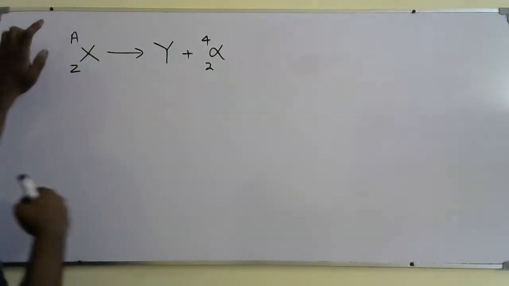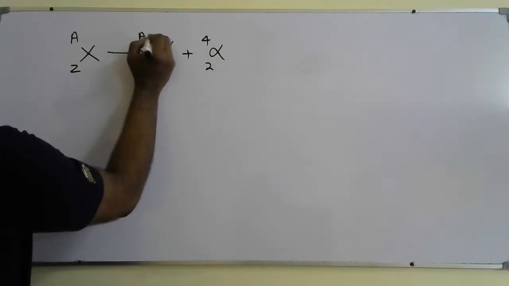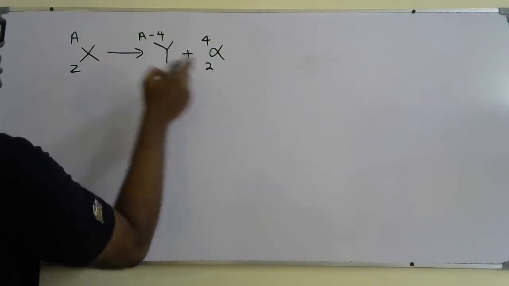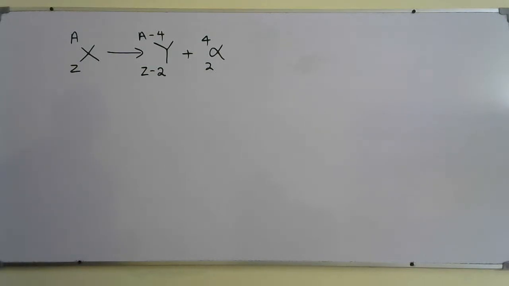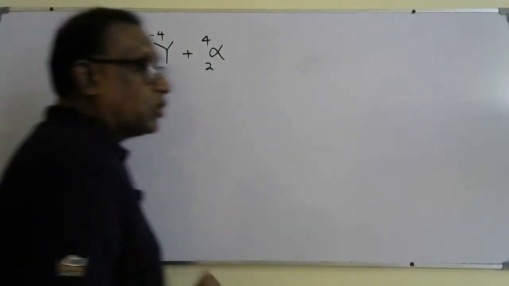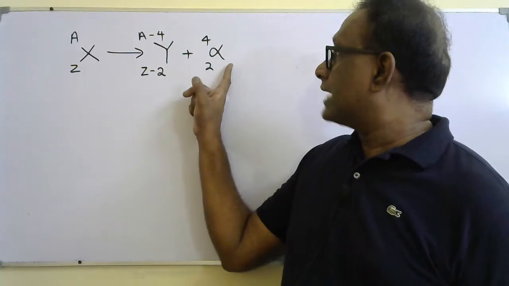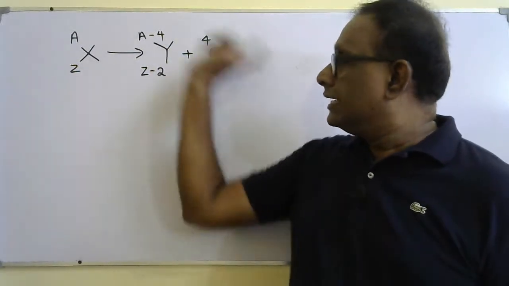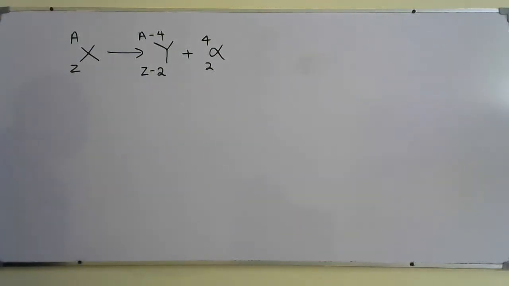So the 4 means A becomes A minus 4, and the 2 means Z becomes Z minus 2. Also, X is called the parent nucleus, Y is called the daughter nucleus, and together with the alpha particle they are called the decay products.